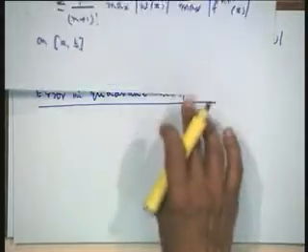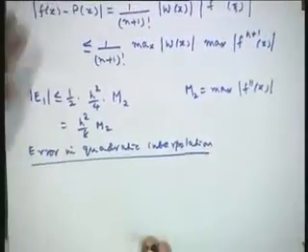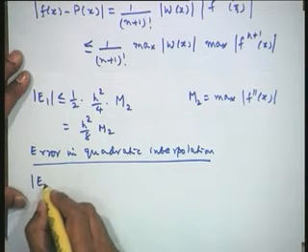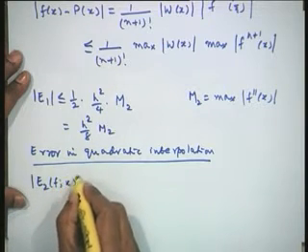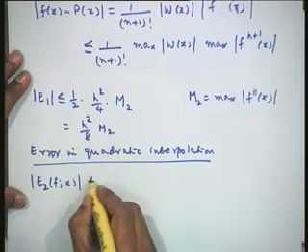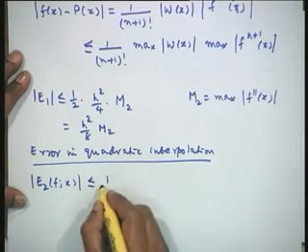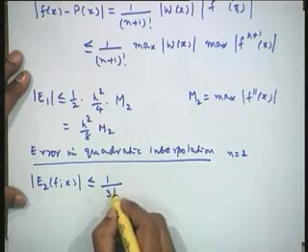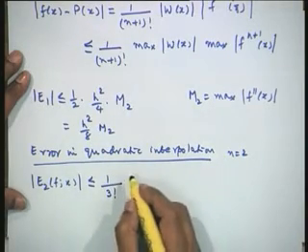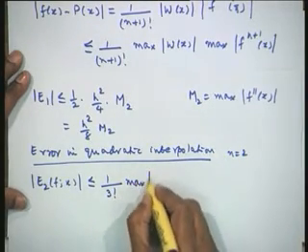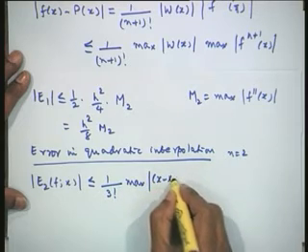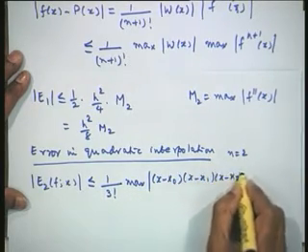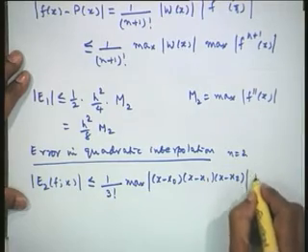Now, the error in quadratic interpolation, let us write straight away from this last expression, that is your error E2 f x would be less than or equal to 1 upon factorial 3, since n is equal to 2 now, maximum of x minus x naught, x minus x 1, x minus x 2 into M3.